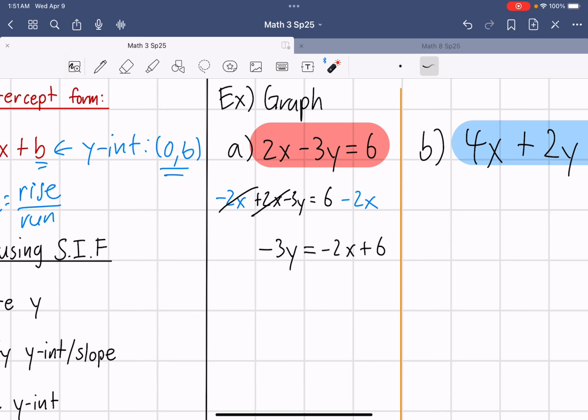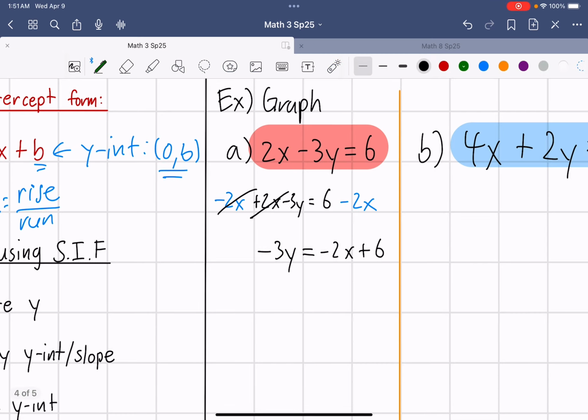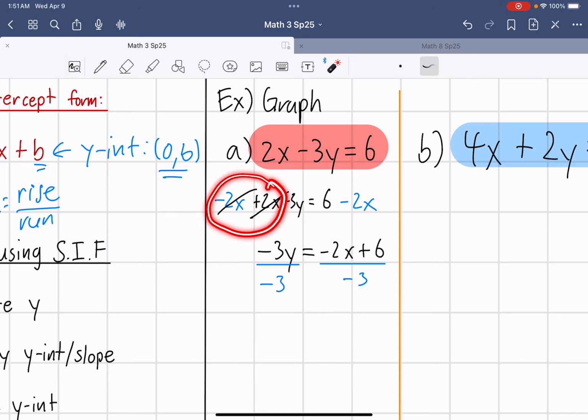But now I have to take care of the factor. Since I want to isolate the y completely, I need to make sure to divide by -3 the entire left-hand side and the entire right-hand side. Now here, in the previous step, these two cancel each other out. Here they simplify, because negative 2x plus 2x is 0.